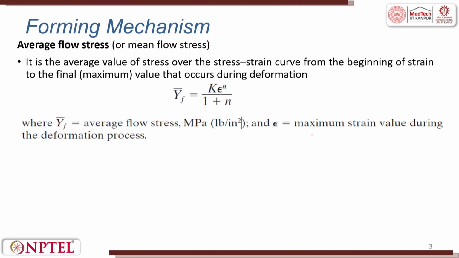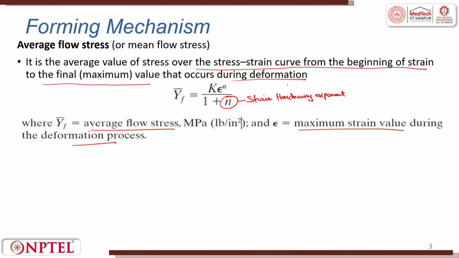It is given by the expression K times epsilon power n by 1 plus n, where YF bar is the average flow stress, epsilon is the maximum strain value during the deformation process, and n is the strain hardening exponent. It is the average value of stress over the strain curve from the beginning of the strain to the final, that is the maximum value that occurs during deformation.